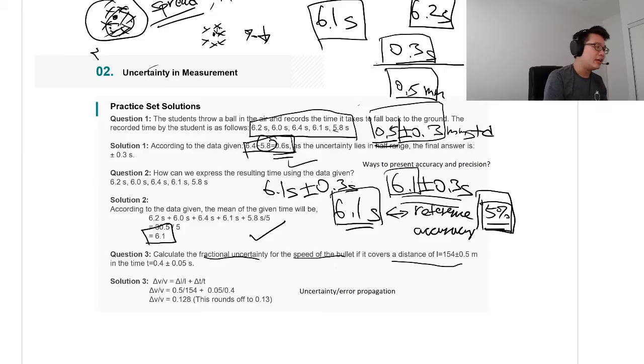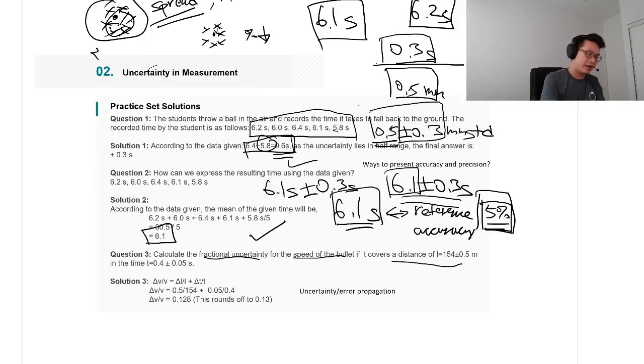From question 1 and question 2, we first learned how to present a single measurement as the mean and the spread, the standard deviation. For question 3, we actually look at how to combine different measurements together, and we have to see how the uncertainty or the spread propagates through the calculation.